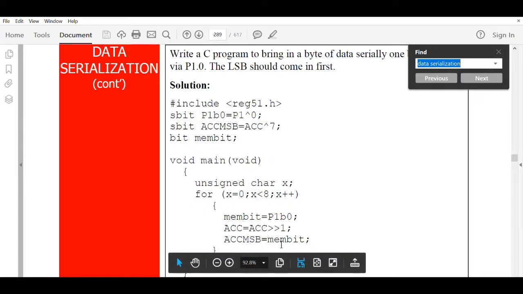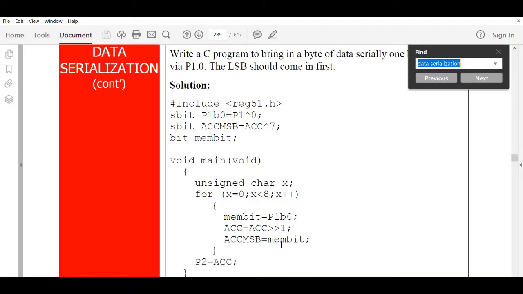Why are we shifting it to the right? Because the LSB comes first. So the LSB should move to the LSB position. Here you're taking in the bit at the MSB, and from the MSB you're going to shift it by 8 positions so that it goes to the LSB position.